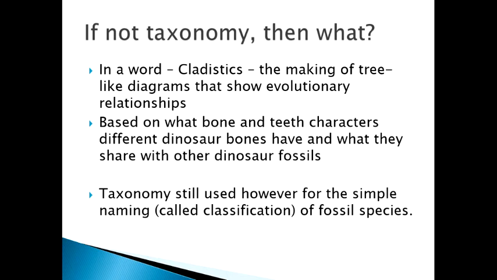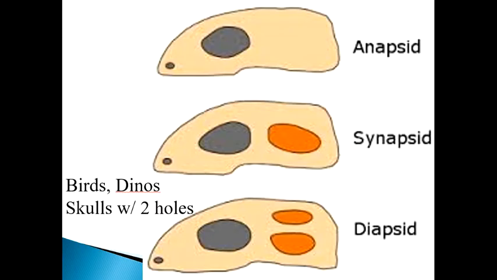Well, let's look at a few examples of characters and how we can use these to get data for cladistics. These are generic skulls, and the small dot or hole on the extreme left side of the face here would be the nostril, the nasal passage opening. The large gray hole is the eye orbit, and then the back of the skull is behind it.